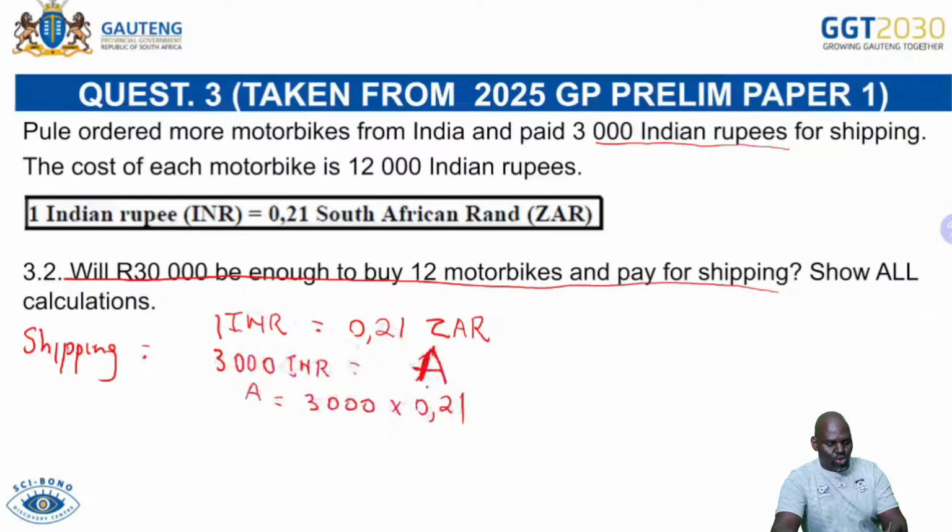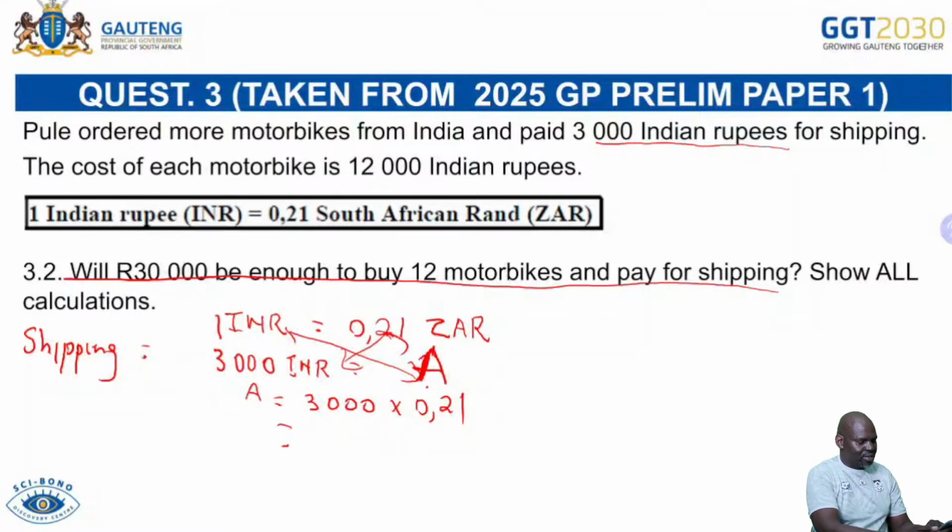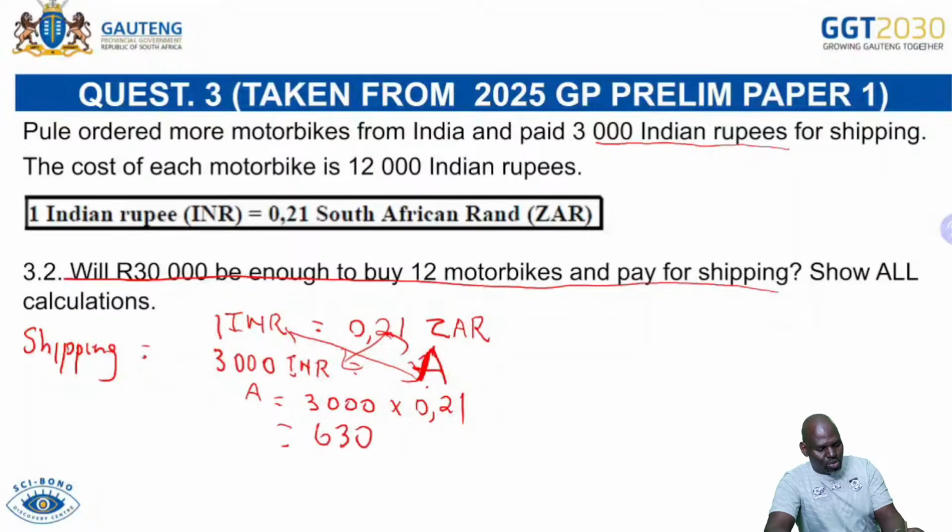A equals 3,000 times 0.21, that's 630. So for shipping, it's going to be 630 rand.